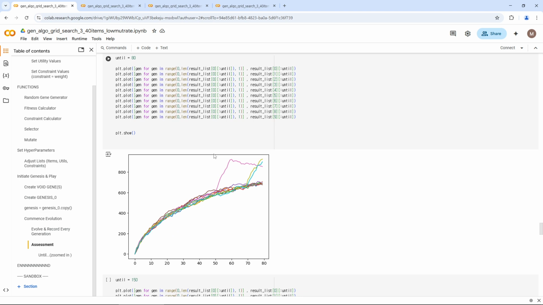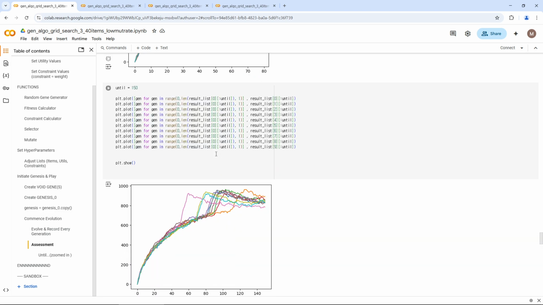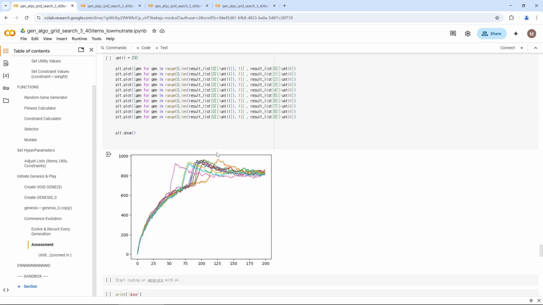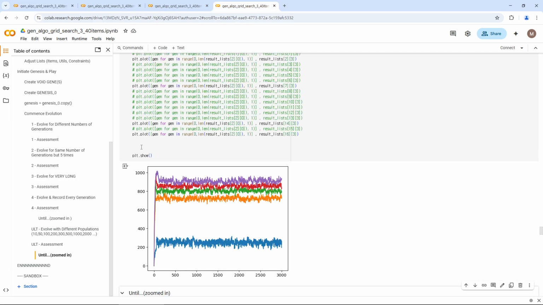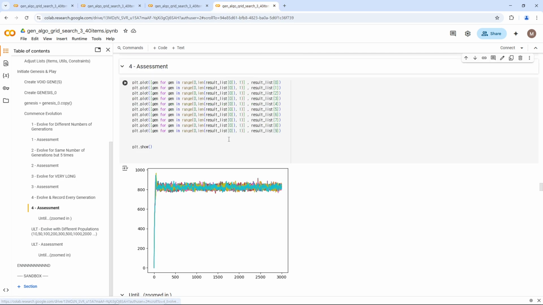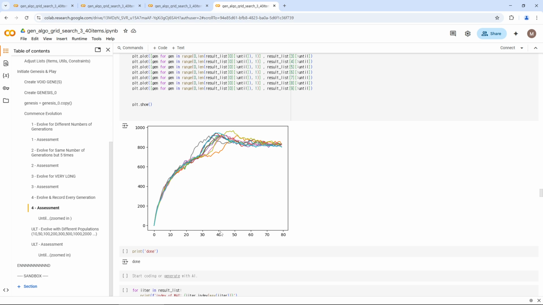However, because of the new lower mutation rate, in every evolution run, the populations peak a lot later than before. See, before, when mutation was at 3%, the latest it peaked at was before 50.